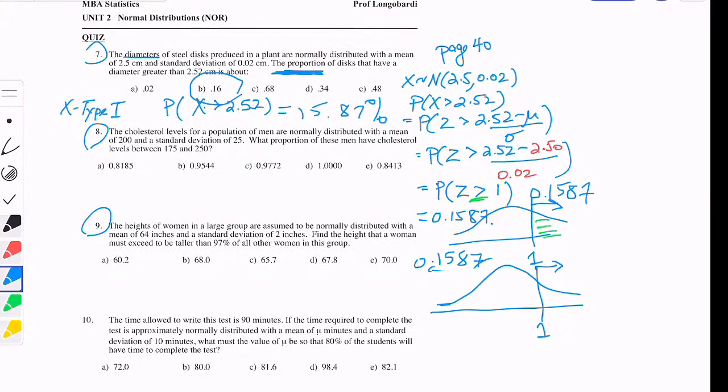So that means that this side is 0.8413, and on this side it's 1 minus 0.8413. So that will give you the same answer. You see? We always arrive at the same answer, no matter how we try. If we do things properly, we'll get the same answer.